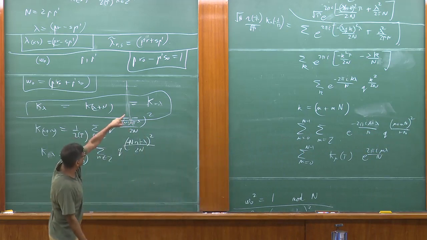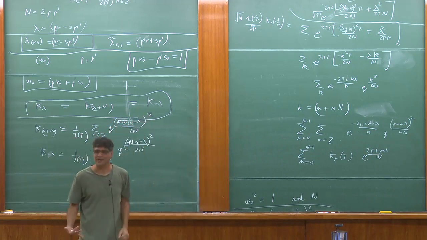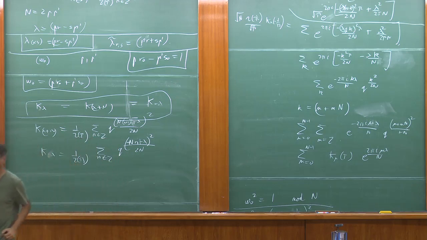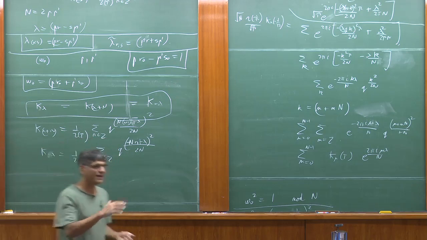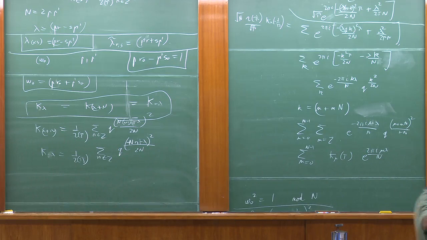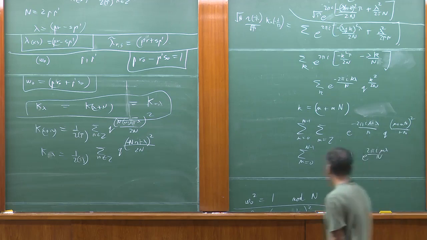Now we have to deal with all those etas and the square root taus, but those work out, because we independently know how eta of minus 1 by tau is related to eta of tau. The square root taus are precisely what is needed to make those work out. So in the end we get a formula like this.